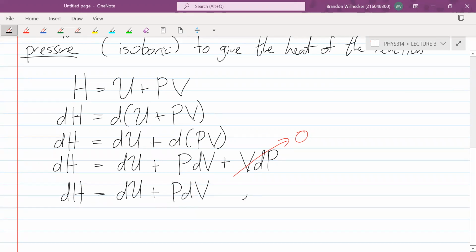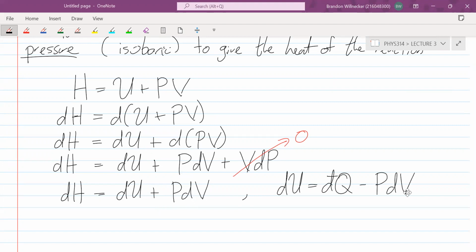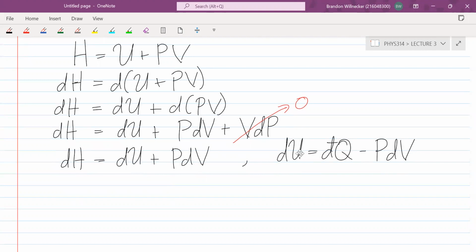But notice from what we had before on heat, remember we had dU is equal to dq minus P dV, from taking that differential form of the first law of thermodynamics. We can substitute it in. The P dV and minus P dV cancel. So we have dH is equal to dq.